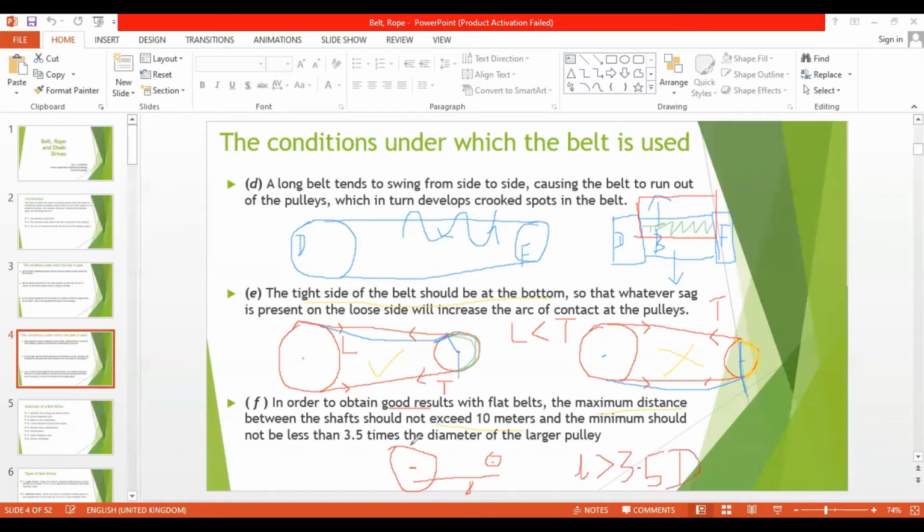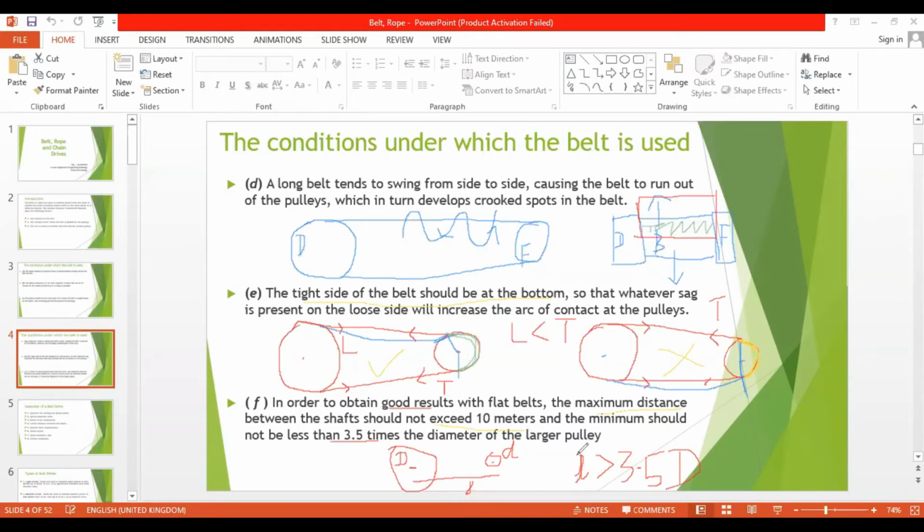If I mention the diameter of the larger pulley as capital D and the smaller pulley as small d, the length between these two shafts should be greater than 3.5D. In other words, it should not be less than 3.5 times the diameter of the larger pulley. This is a desired condition to transmit maximum power with moderate distance.